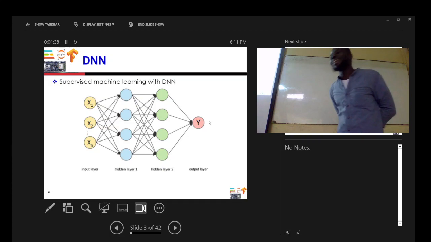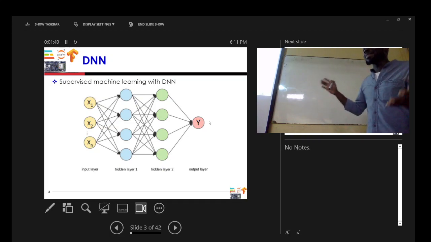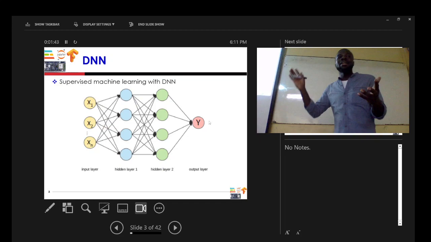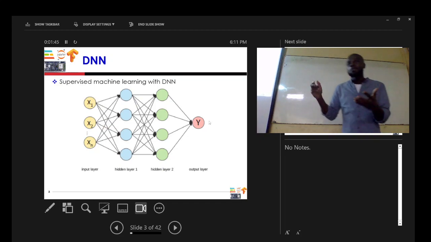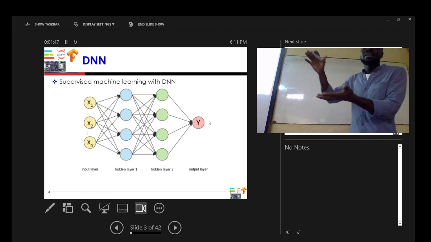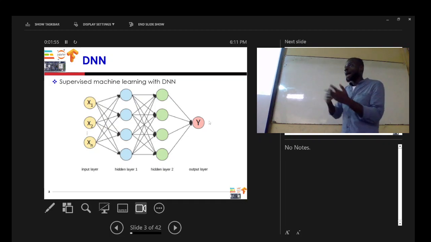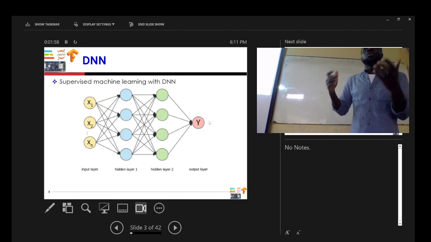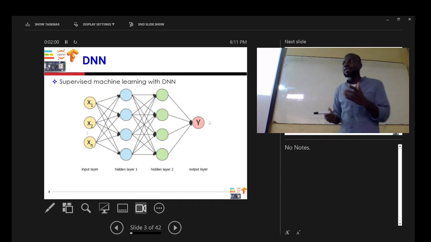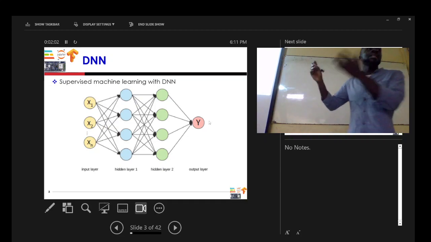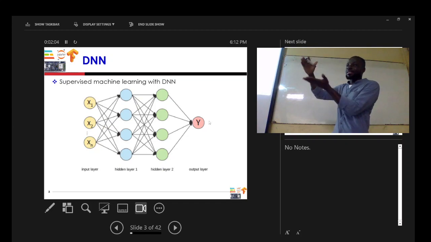Are you sure? In supervised machine learning, as we said, we give it data, and then we give it another important piece called the label. I've always been saying label. So we give it data and the label. If I want to train a network to classify cats and dogs, I'll give it an image of a cat, and I tell it that this is a cat.